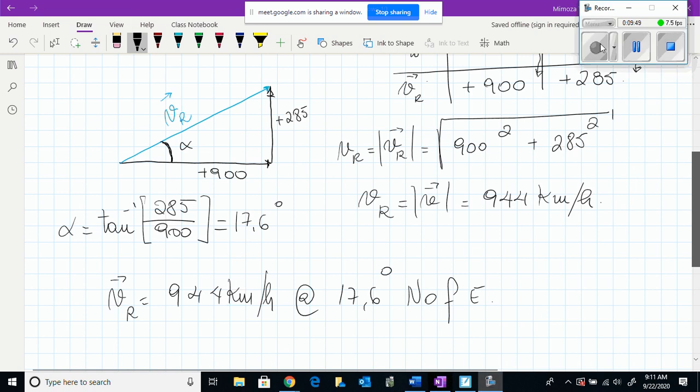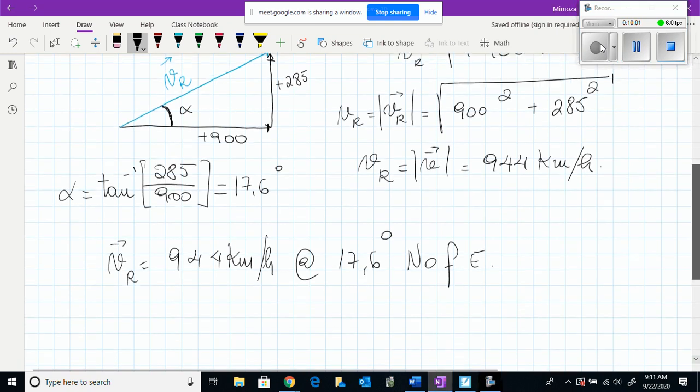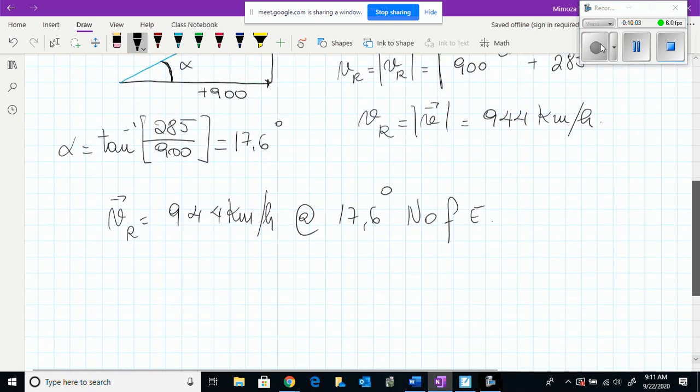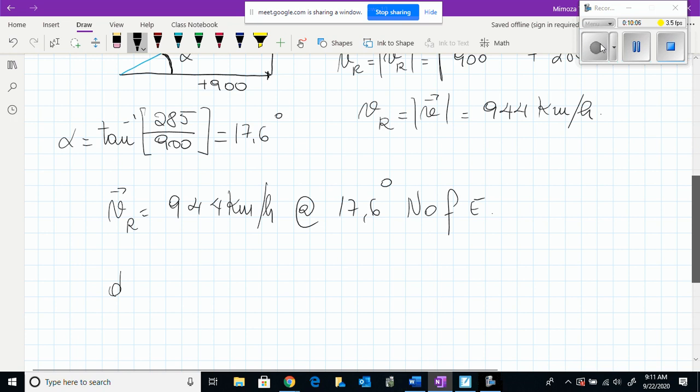Questions? If we add into this question that the plane will move for 2 hours, what is the displacement that this plane is obtaining? Since we are dealing with uniform motion, this will be the resultant velocity times time.